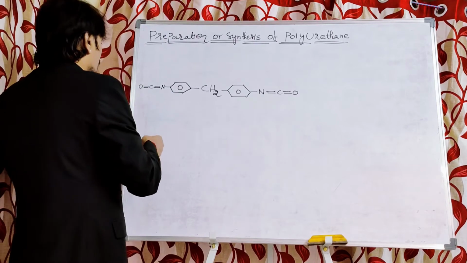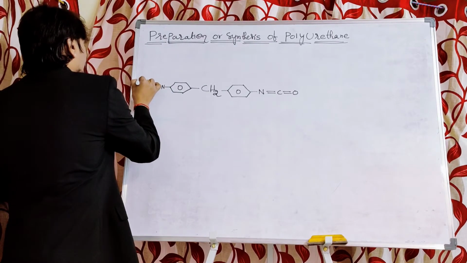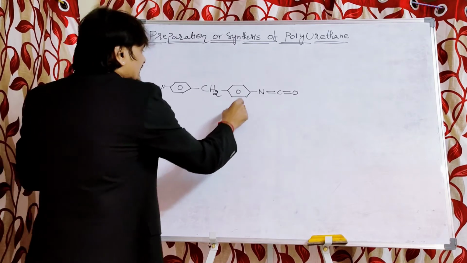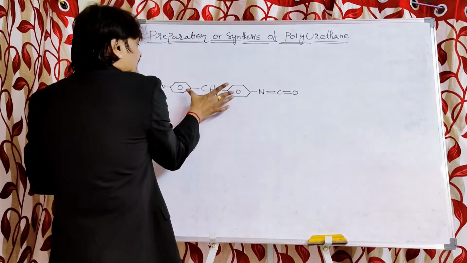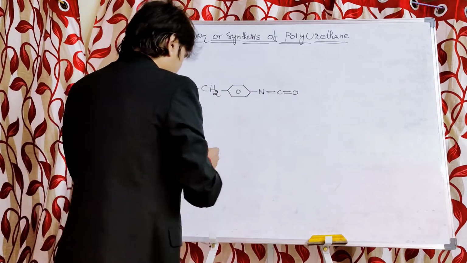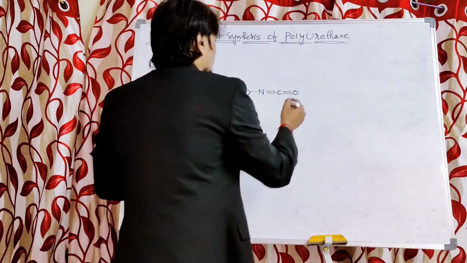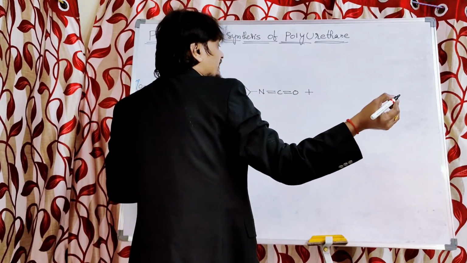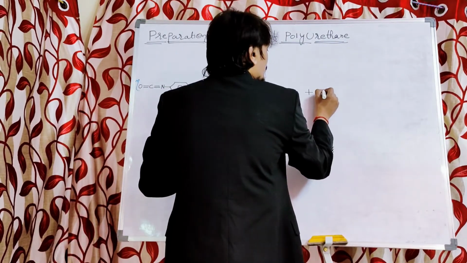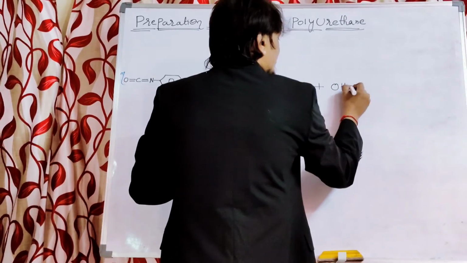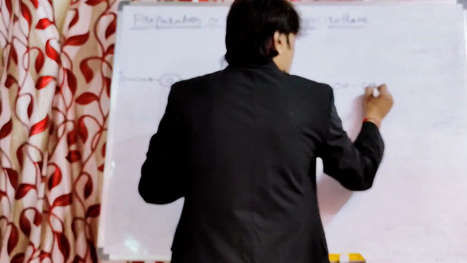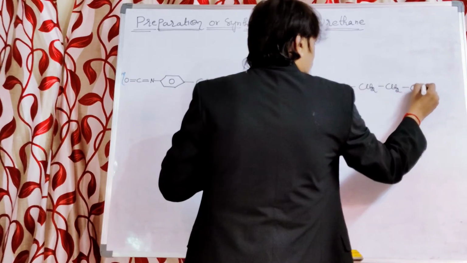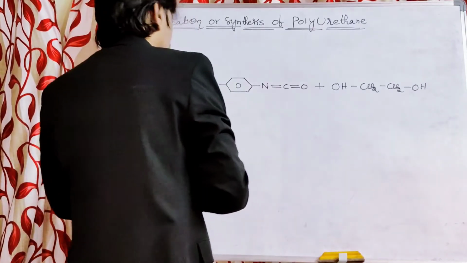So n number of molecules of methylene diphenyl diisocyanate reacts with n number of molecules of ethylene glycol. What is the structure of ethylene glycol? Already I have explained to you. OH, CH2, CH2, OH.